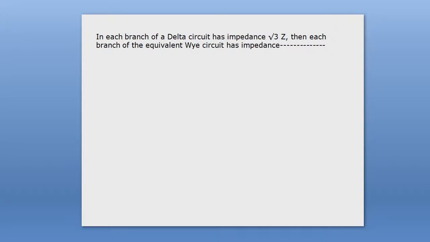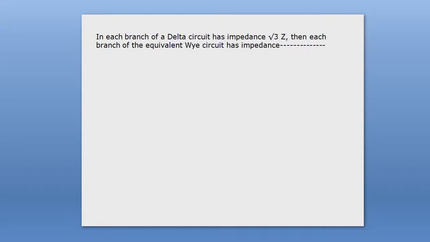That topic we have covered in the last class, star-delta conversion, delta-star conversion. But in the previous class we considered circuits having only passive elements, resistances.